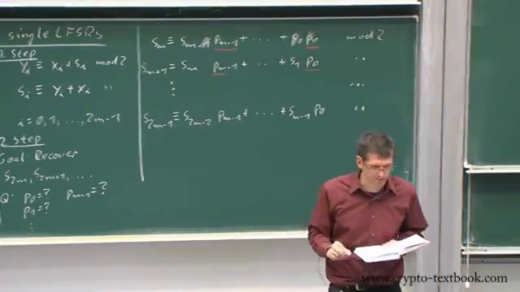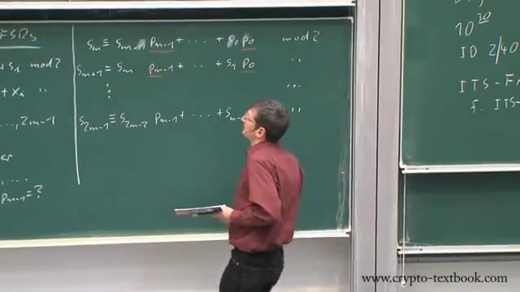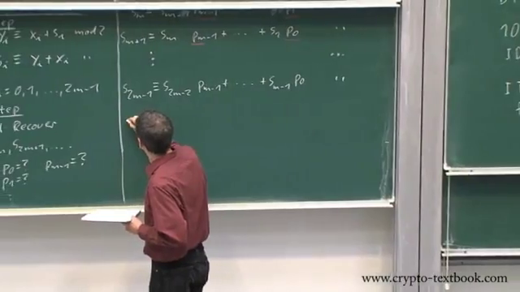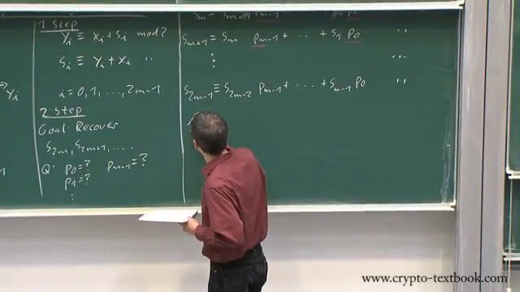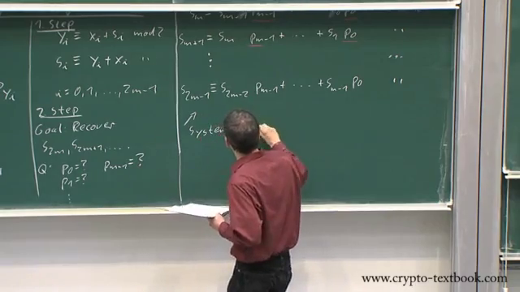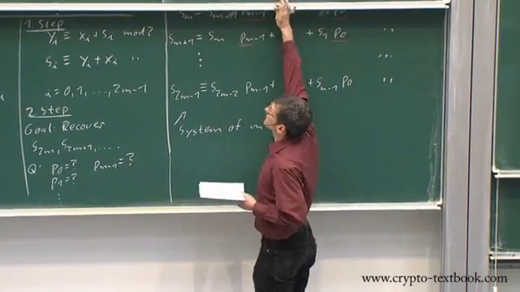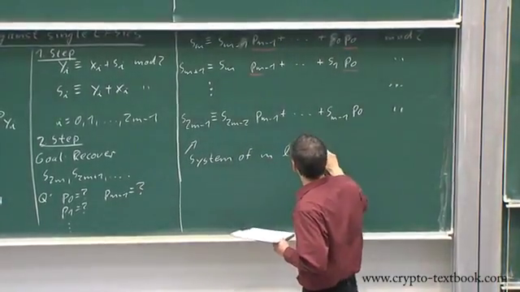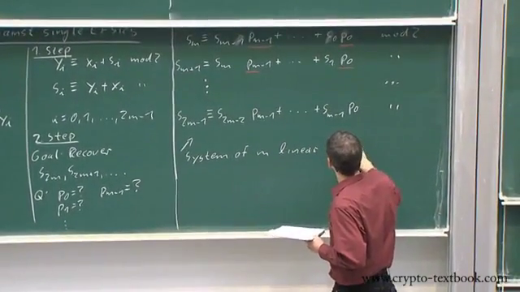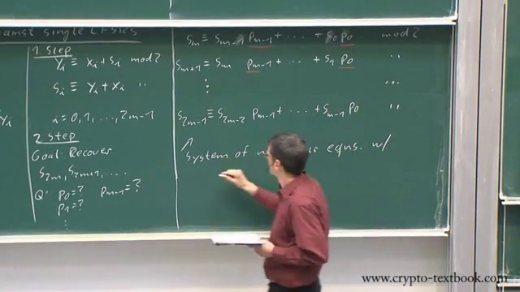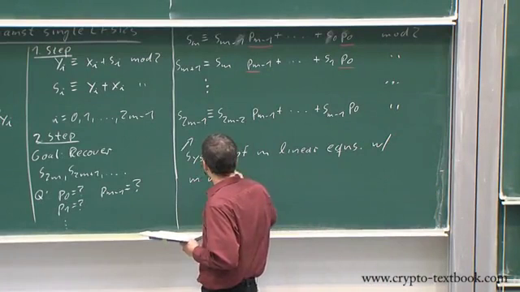Okay, so this is now our system of m linear equations with m unknowns, Unbekannten.